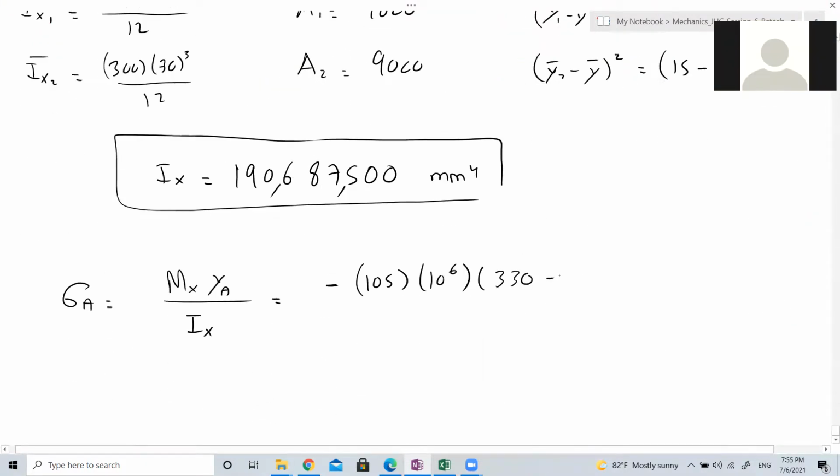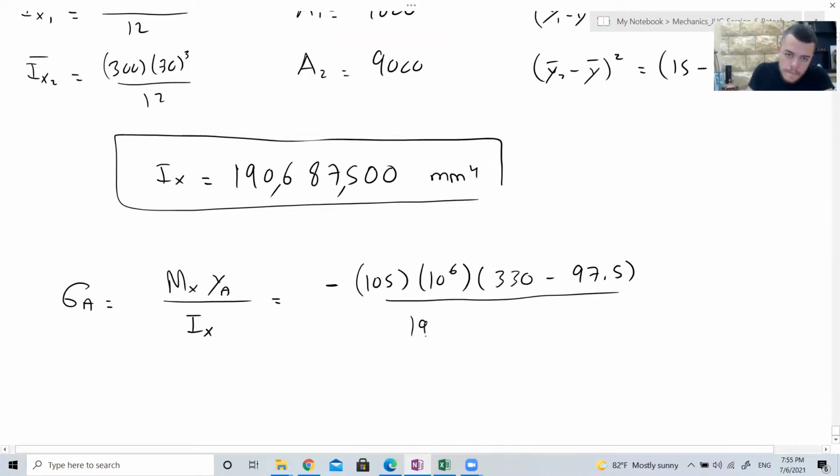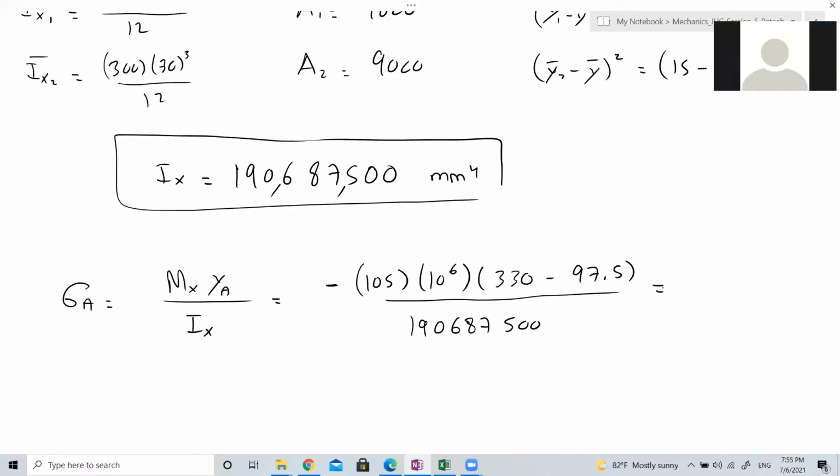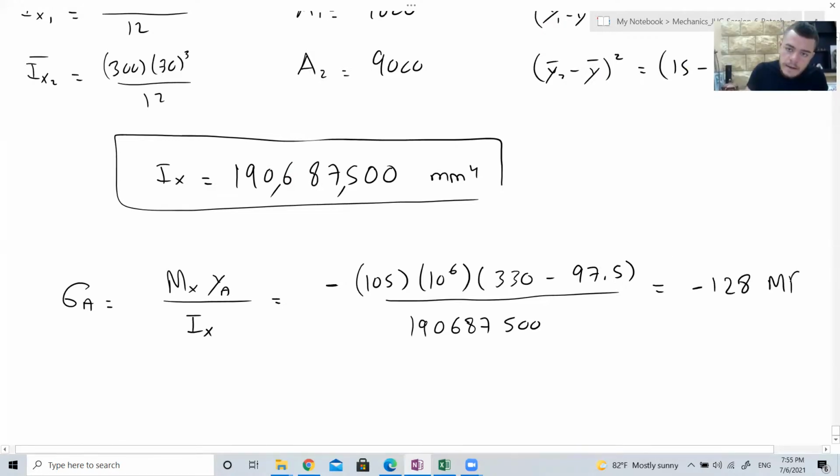So it's 330 minus 97.5 over I. The stress comes out as minus 128 megapascal.